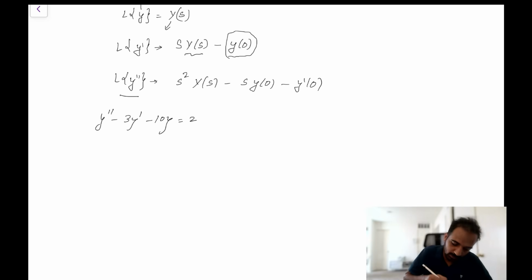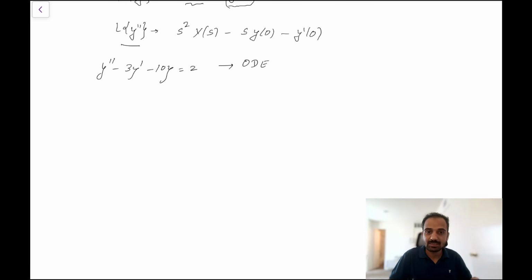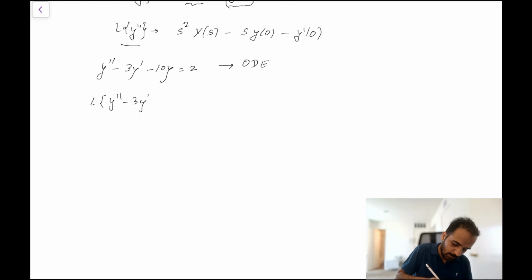Okay, this is the ODE. Now by using the Laplace transform on both sides, I can write the Laplace transform of the left side, y double prime minus 3y prime minus 10y, equal to the Laplace transform of 2.